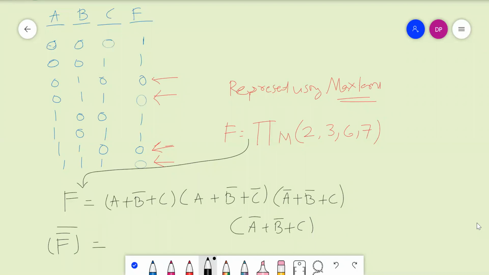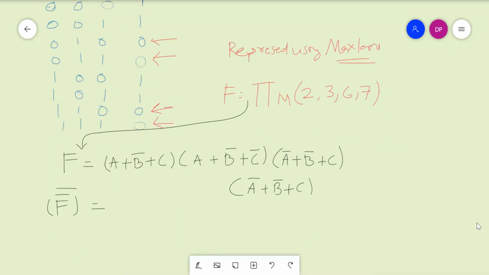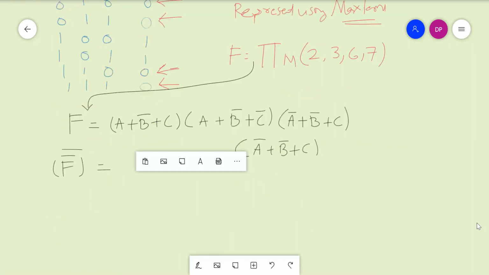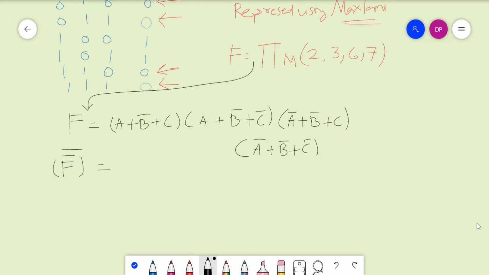F complement's complement. A bar plus B, bar plus C bar. Tell rule number 5, how will we do? We'll take the whole complement, sir. Then what will we get?